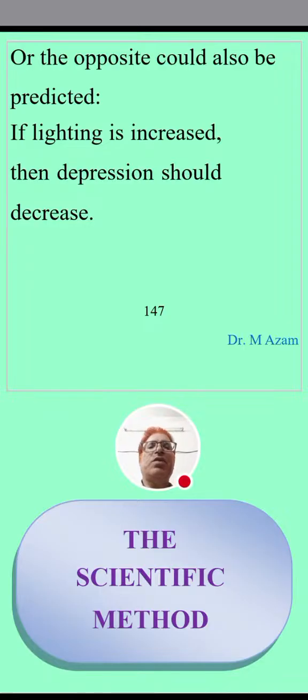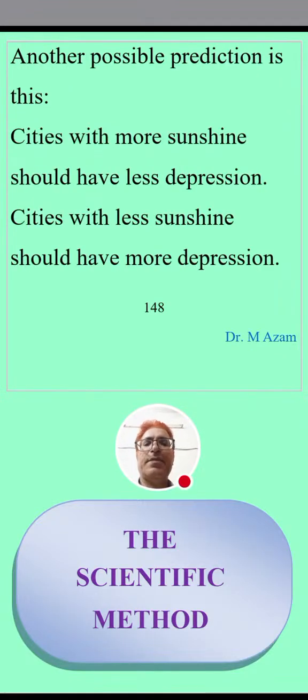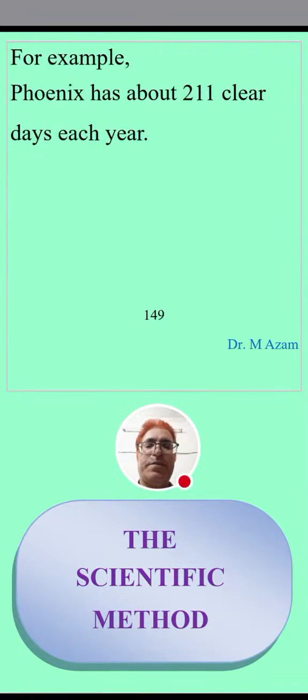Or the opposite could also be predicted: if lighting is increased, then depression should decrease. Another possible prediction is this: cities with more sunshine should have less depression, and cities with less sunshine should have more depression.